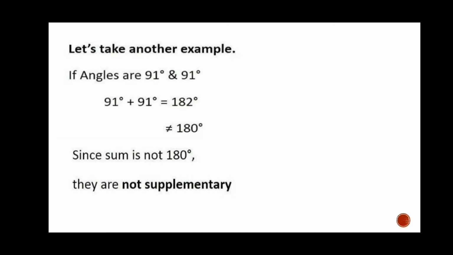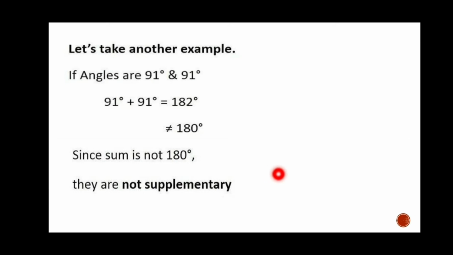If the angles are 91 degrees and 91 degrees, 91 degrees is also an obtuse angle, more than 90 degrees. So if we add 91 plus 91, we get the sum 182 degrees, which is also not equal to 180 degrees. Since the sum is not equal to 180 degrees, they are not supplementary.